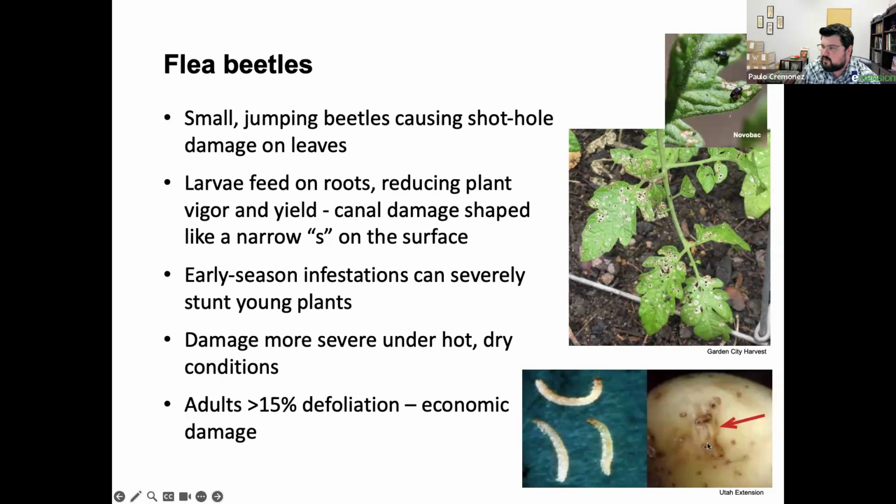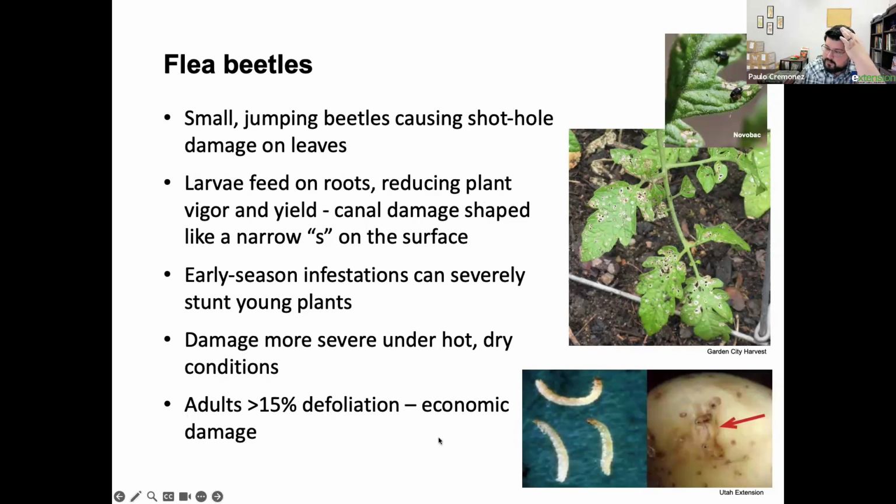They have this characteristic canal damage shaped like an arrow S on the surface of the roots that you can find. Early season infestation can severely stunt young plants. The more severe damage occurs under hot and dry conditions as well.